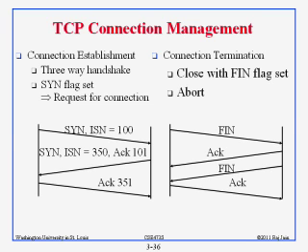Then when B accepts it, it sends a packet which says SYN, synchronize. I want to start a connection to you, and that means I accept your request. My initial sequence number is going to be 350. I am going to start counting from 350. My first byte will be 350, and ACK 101 means I got everything up to 100 and I am expecting 101.